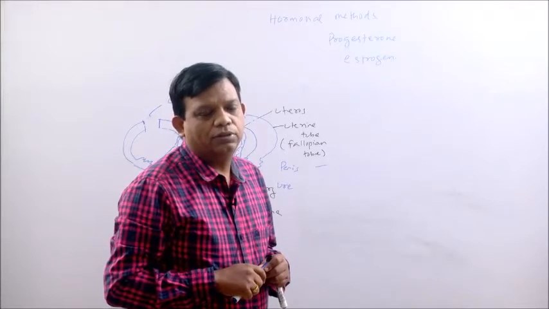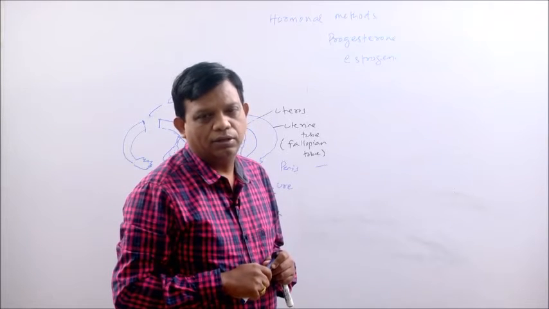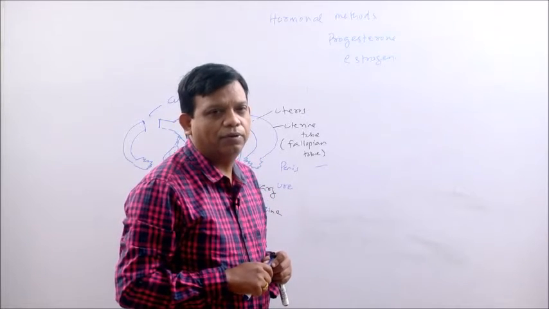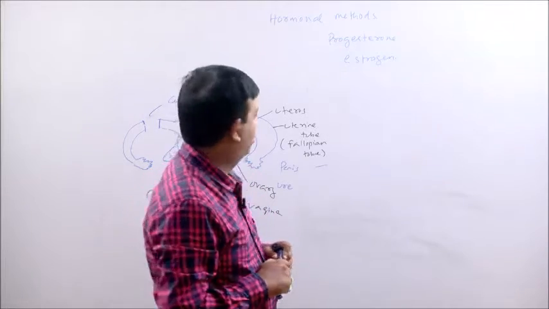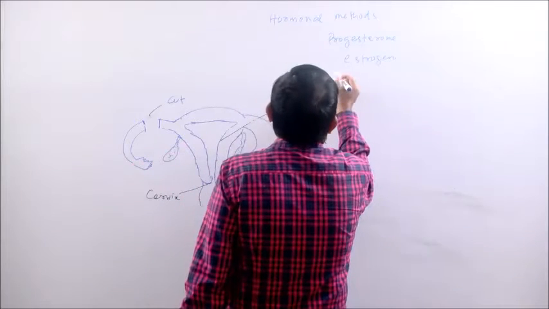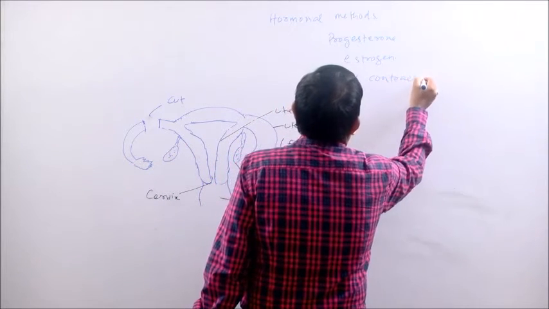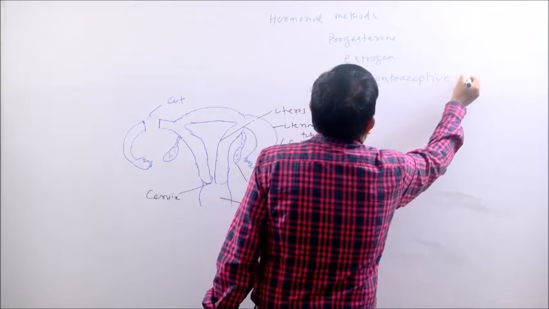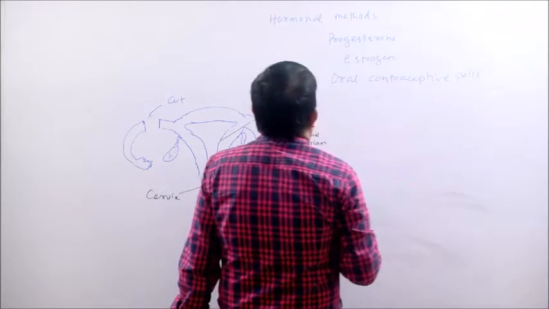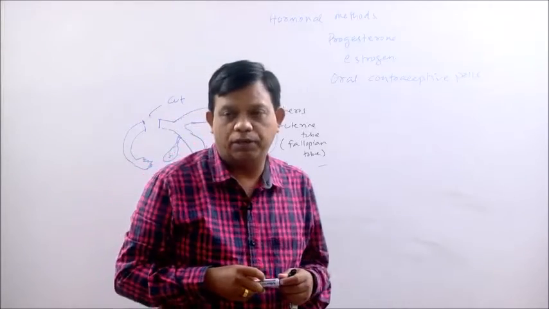These hormones can be taken in the form of pills. When taken in the form of pills, they are known as oral contraceptive pills, hormonal oral contraceptive pills.